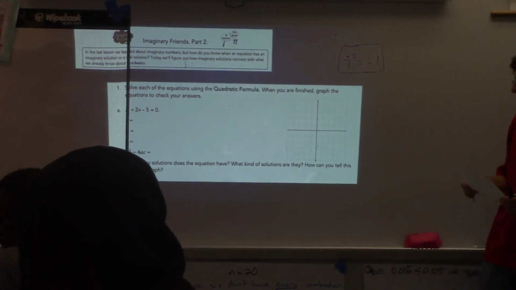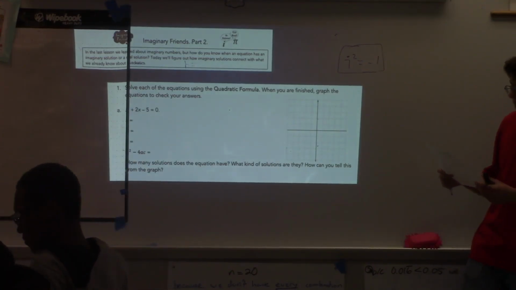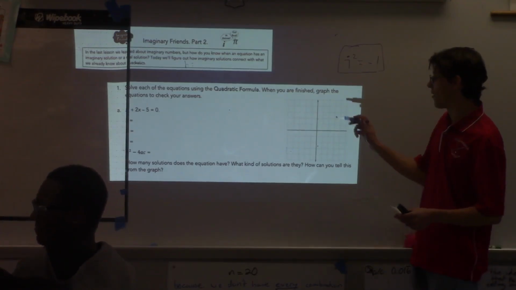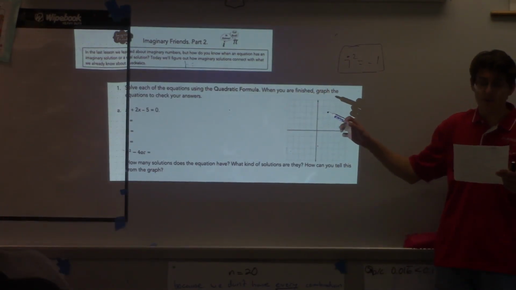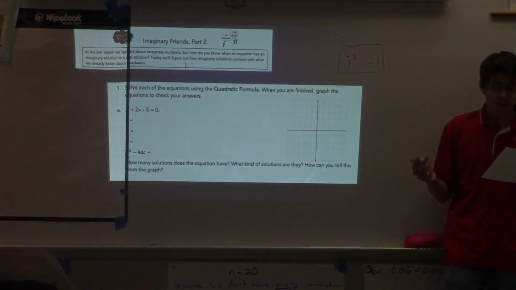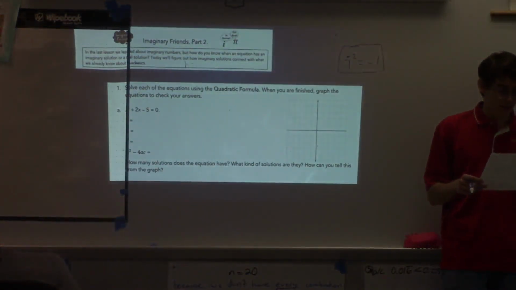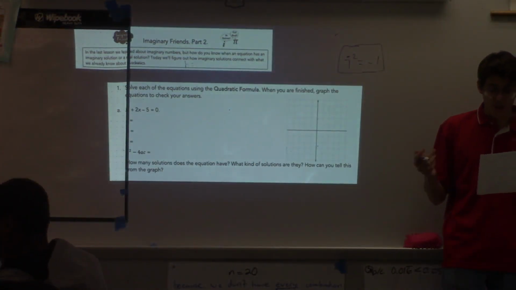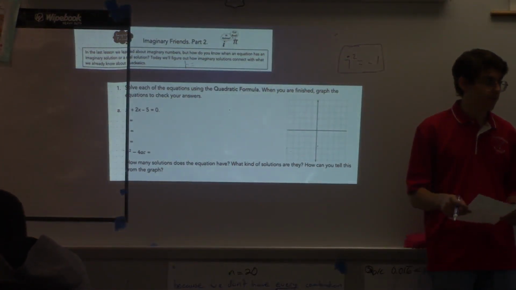So this is the first task we're going to do. It is called Imaginary Friends. We are going to be using the quadratic formula. So this is just the first one. There's 3 of them on the front. We're going to be using the quadratic formula to find the zeros, and then we're going to try to come up with a sketch of the graph, and see what we can figure out about the zeros, or the solutions, based on what we have in the quadratic formula.